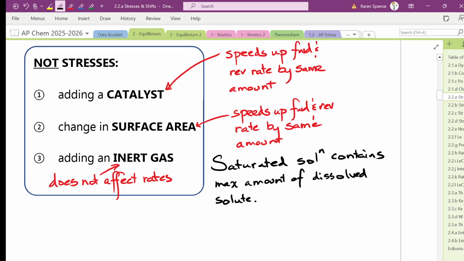And it reaches an equilibrium where for every particle that dissolves, another one recrystallizes.